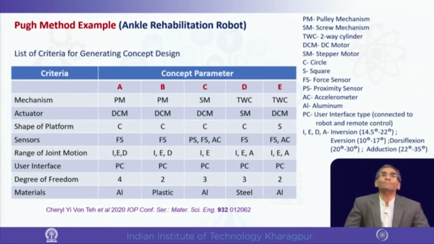Say for example, concept A uses a pulley mechanism and a DC motor, the platform is circular, the sensor is a force sensor, the range of joint motion IED considers inversion, eversion and dorsiflexion, and the user interface is there, which is common for all, the degrees of freedom here is say 4, and the material used is aluminum.